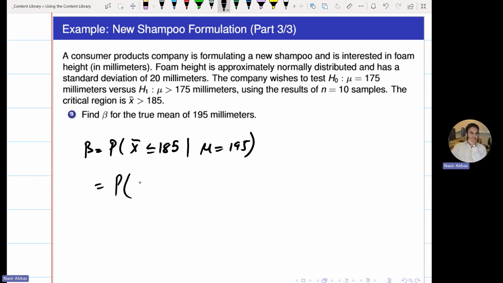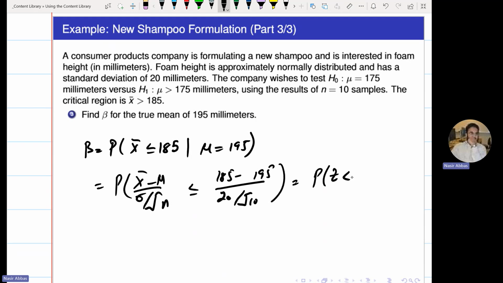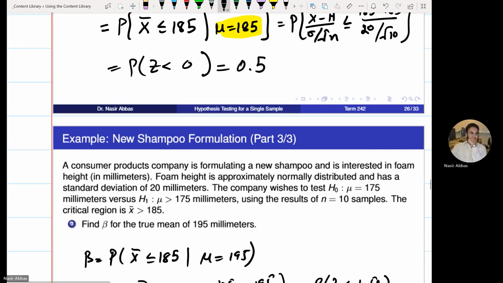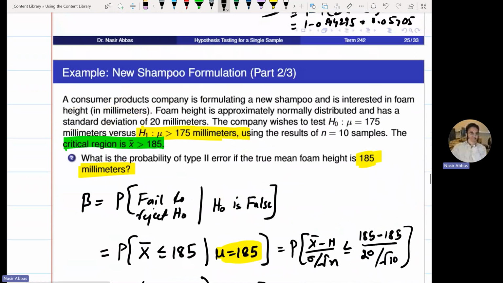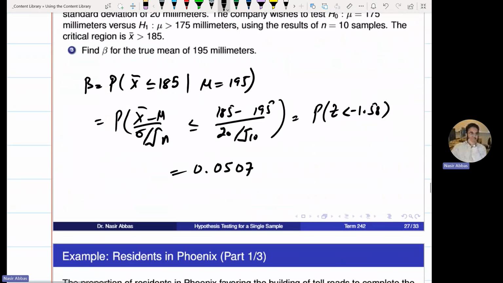So this will be probability of (x bar minus mu) over sigma over root of n less than or equal to 185 minus 195 over 20 over square root of 10, which is probability of z less than minus 1.58, and this is 0.05705.